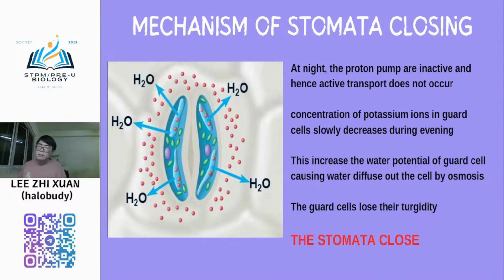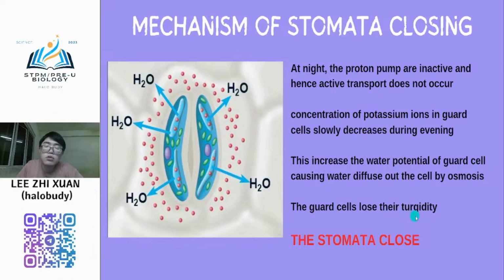It is very simple. When you want the stomata open, you need blue light. When you want to close the stomata, you cut down the blue light. Then there is no active transport, and your potassium ion and chloride ion will diffuse out. Once they diffuse out, the water potential inside the guard cell increases, and the water diffuses out from the guard cell.